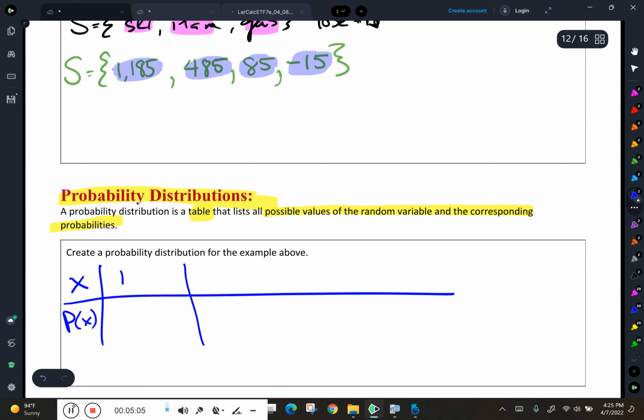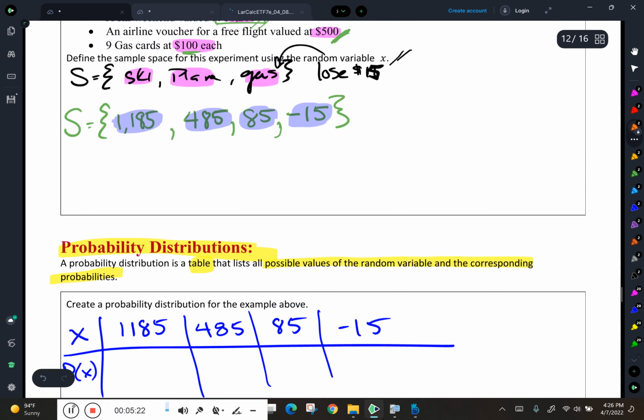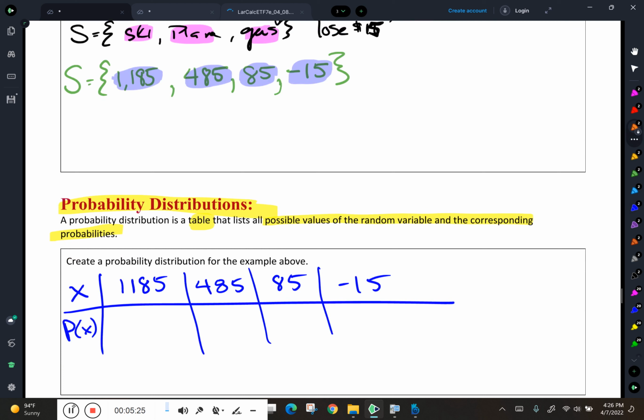So it's going to have a row for the x's, 1,185, 485, 85, and negative 15. And then it's going to have a row below that where we're going to have to input all those probabilities. 1 out of 2,000. And where did I get that 1 out of 2,000 for the probability of the random variable value being 1,185?